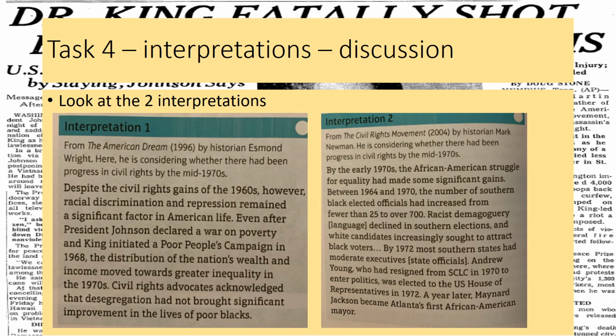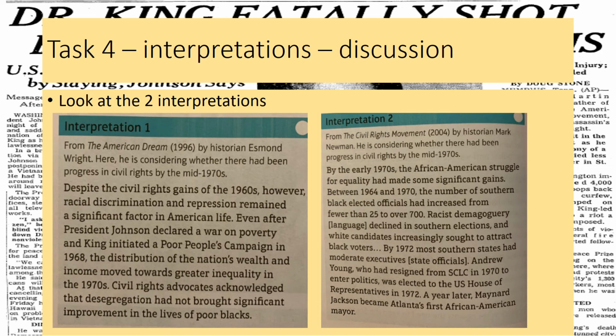Even after President Johnson declared a war on poverty and King initiated a Poor People's Campaign in 1968, the distribution of the nation's wealth and income moved towards greater inequality in the 1970s. Civil rights advocates acknowledged that segregation had not brought forward significant improvement in the lives of poor blacks.